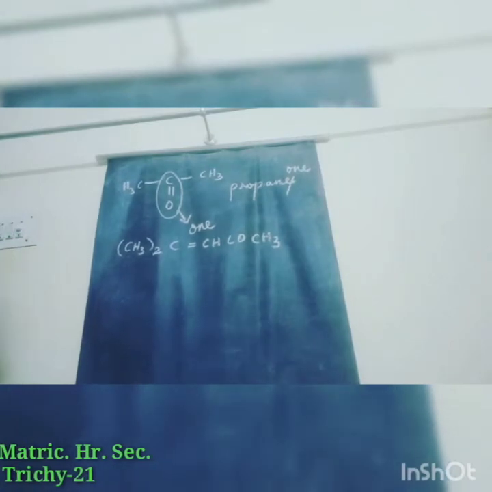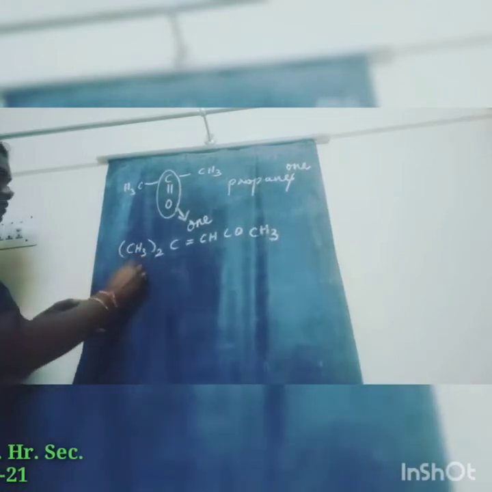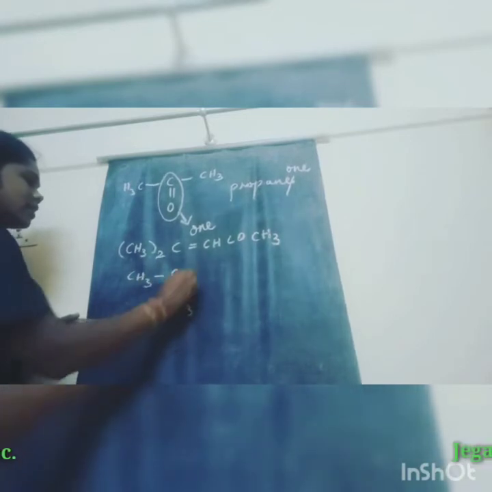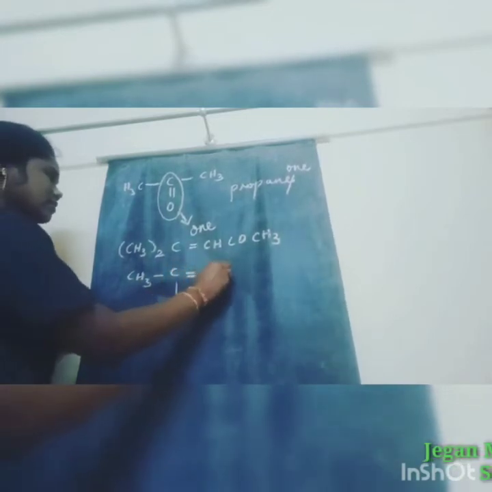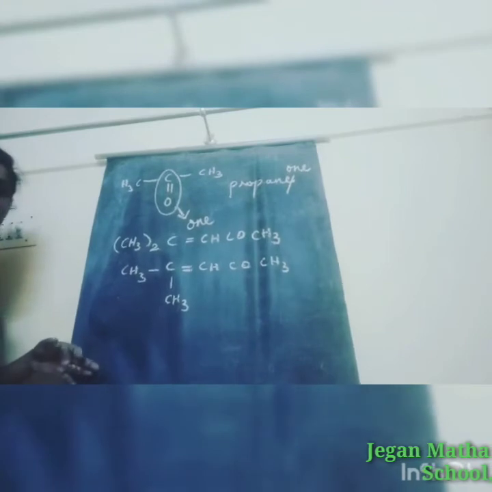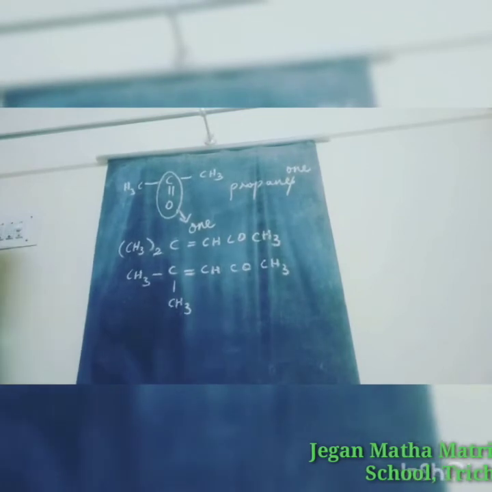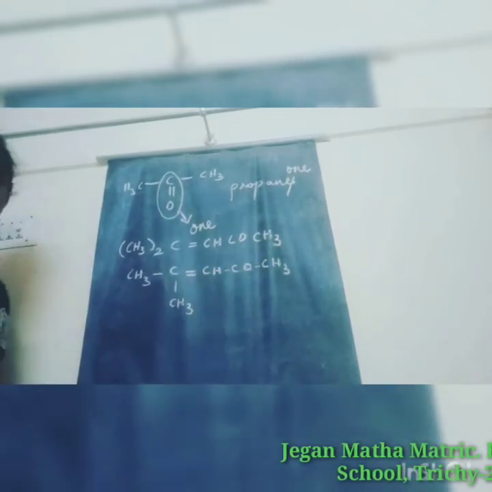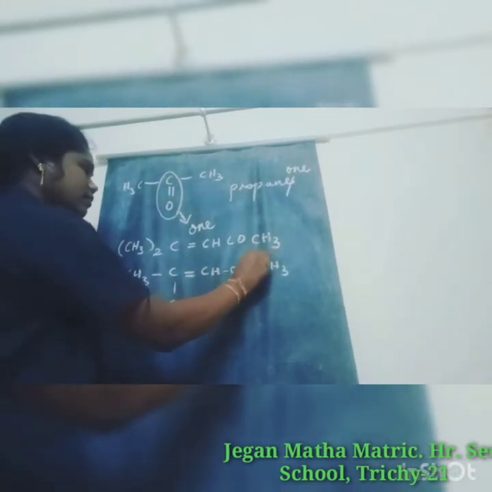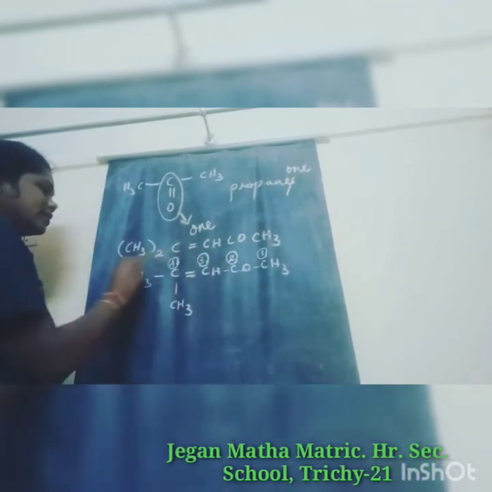I write the structural formula like this: CH3, C, here also CH3, here double bond, CH, CO, CH3. Now we put the numbers for this compound: first carbon, second one, third one, fourth one, and then fifth.